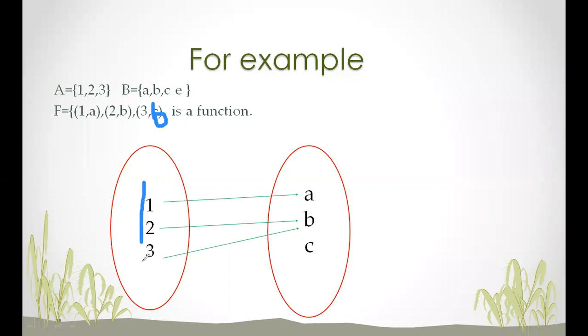So these are our domain, and this complete set is our codomain, and A and B become the images of these elements.